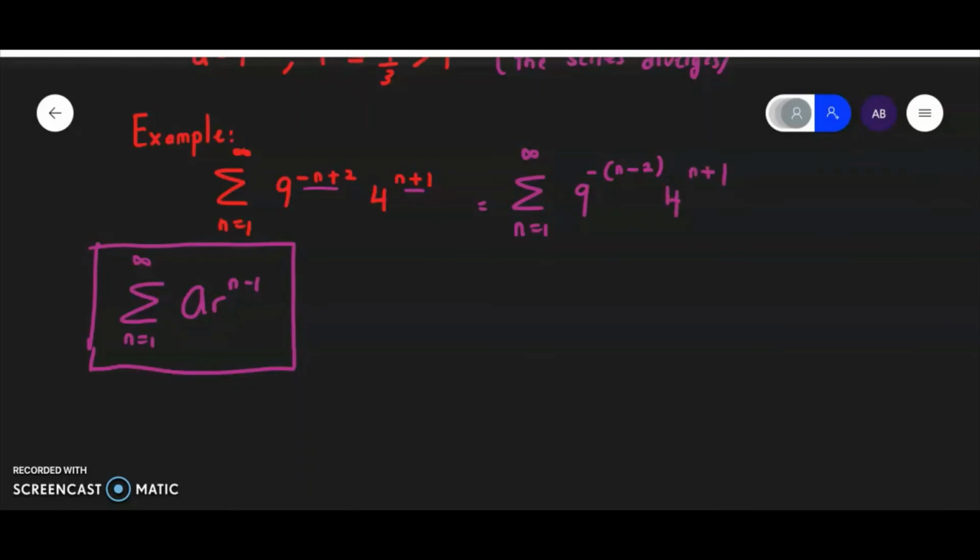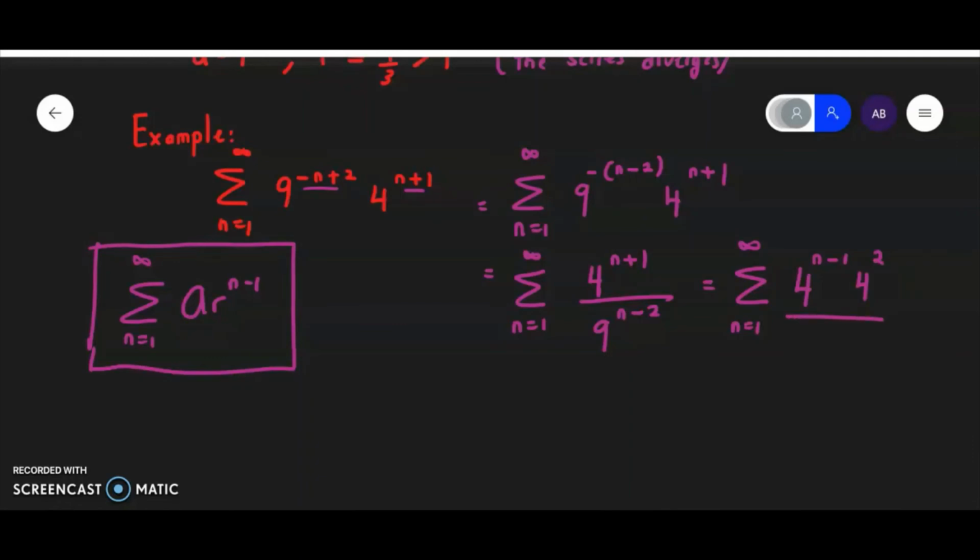Now this negative term here, I can bring it to my denominator, so 4^(n+1) over 9^(n-2). Now in order to have n minus 1 here, I can write it as 4^(n-1) times 4 squared. That will give me n plus 1.